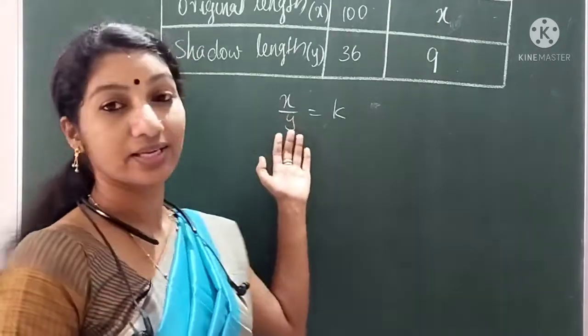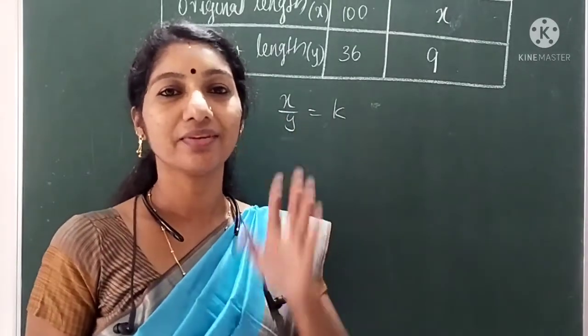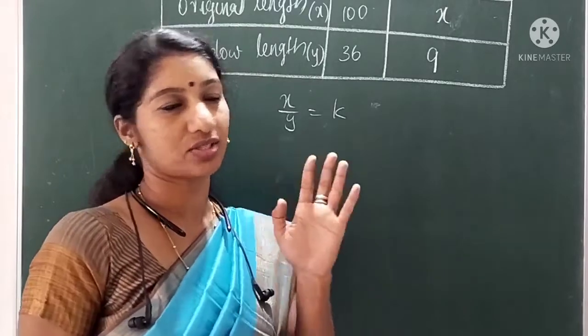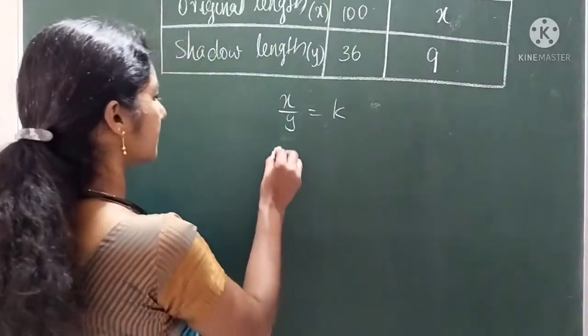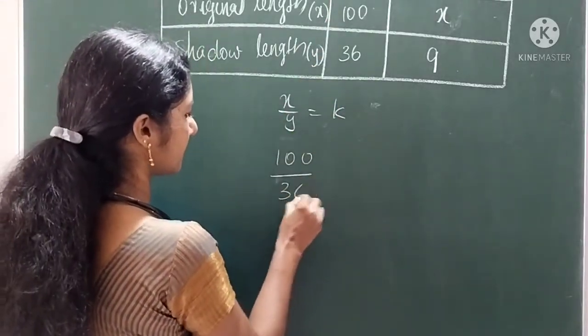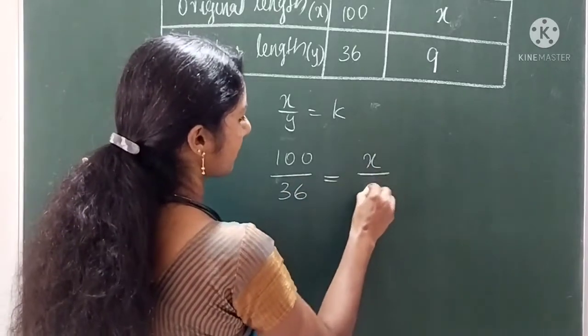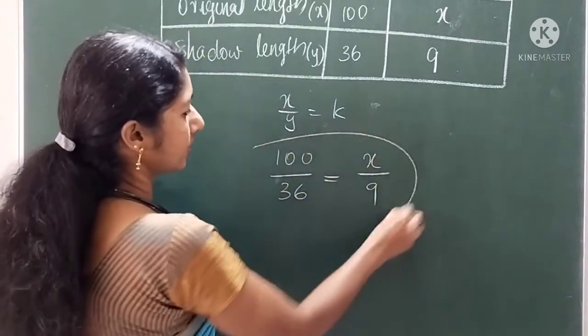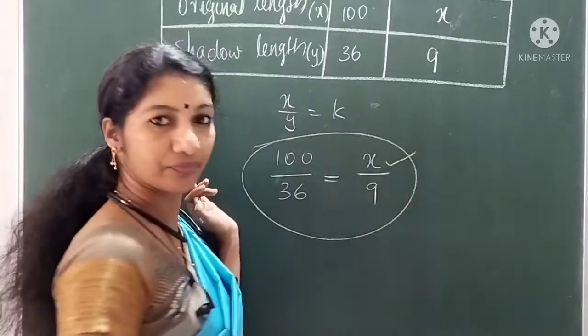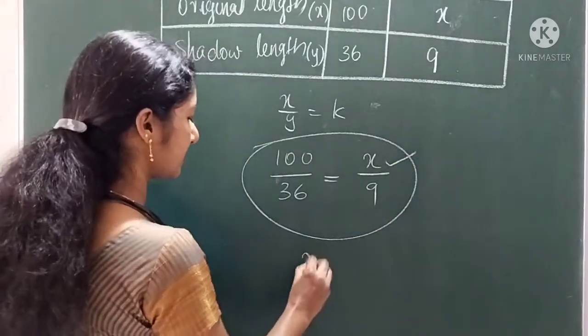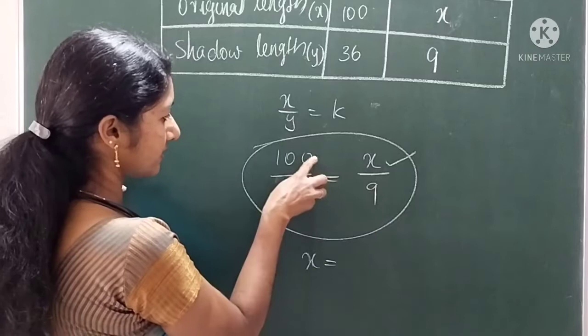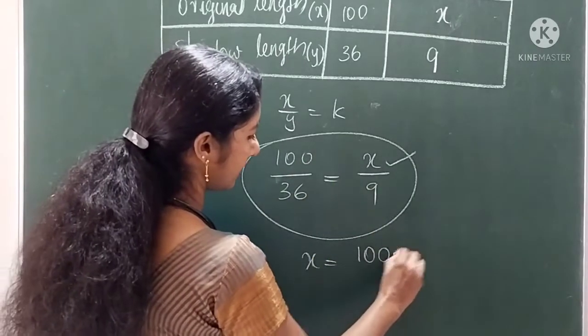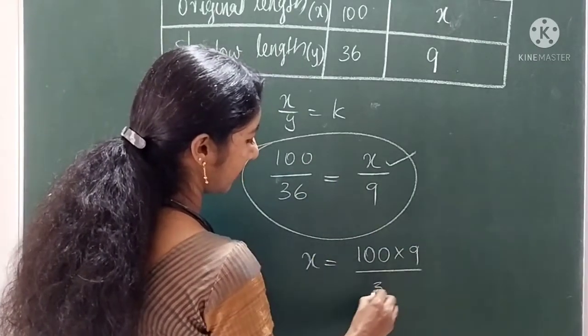X by Y is always giving the same quantity, a constant. So 100 by 36 is the same as X by 9. You are getting an equation including X, then you can solve for X. The 9 is coming to this side, so X is equal to 100 into 9 divided by 36.